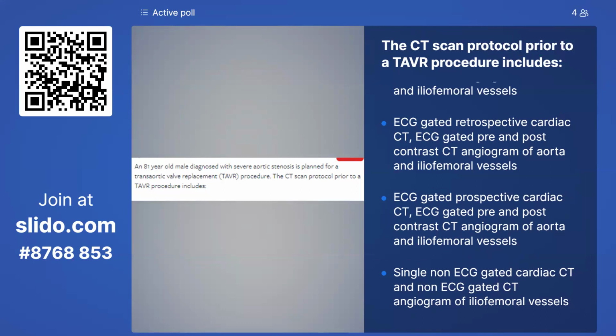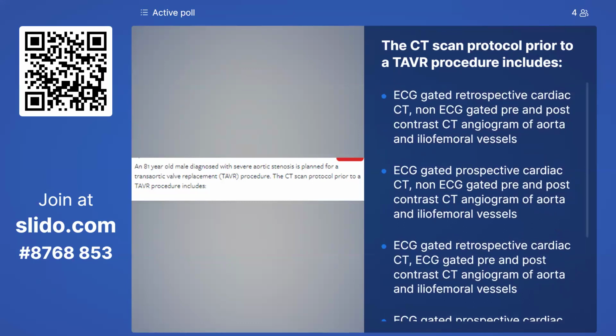Yes, G. I don't know if this is the correct answer, but I thought that for the imaging we would need ECG gated images of the heart, and we would need a CT angiogram of the aorta and the iliofemoral vessels for access.